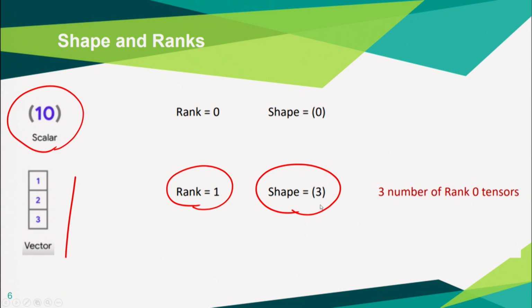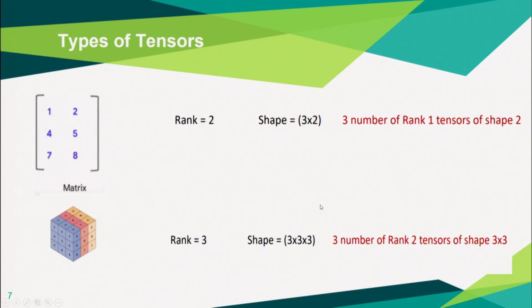Now, moving on to the other types, if you consider a matrix, this is a 3 by 2 matrix, because there are 3 row elements and 2 column elements. For this, we say the rank is 2 and the shape is 3 by 2. The rank is a 2 degree. Then we consider a 3-dimensional tensor.